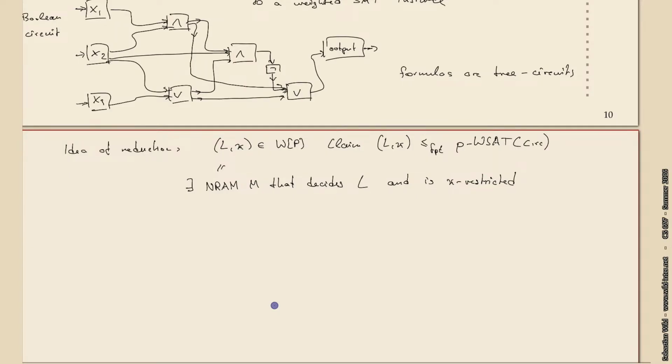Then we simulate this NRAM with a multi-tape Turing machine to get closer to formula. And then we simulate this Turing machine by a Boolean circuit.